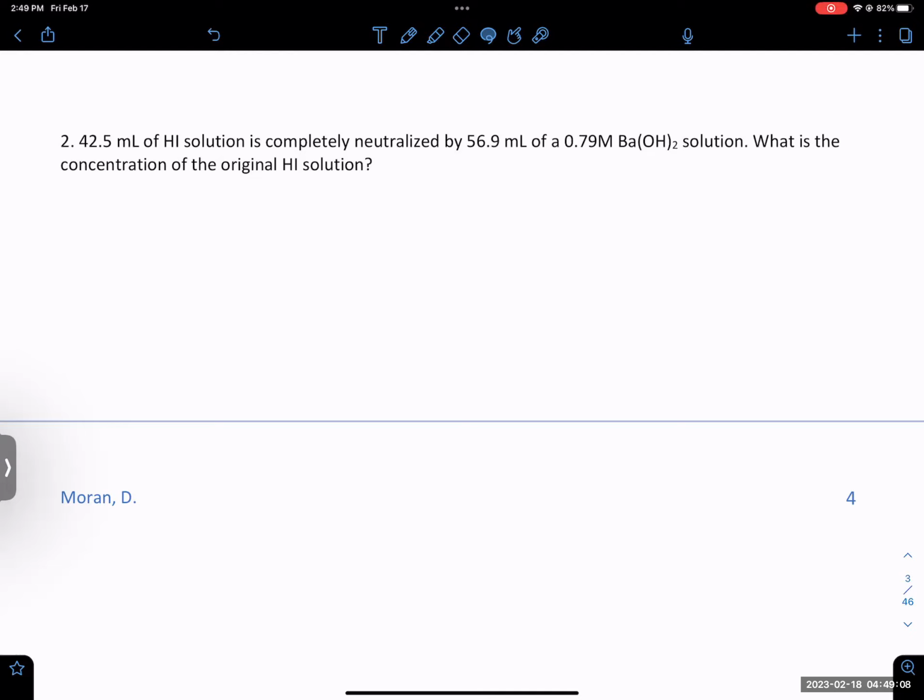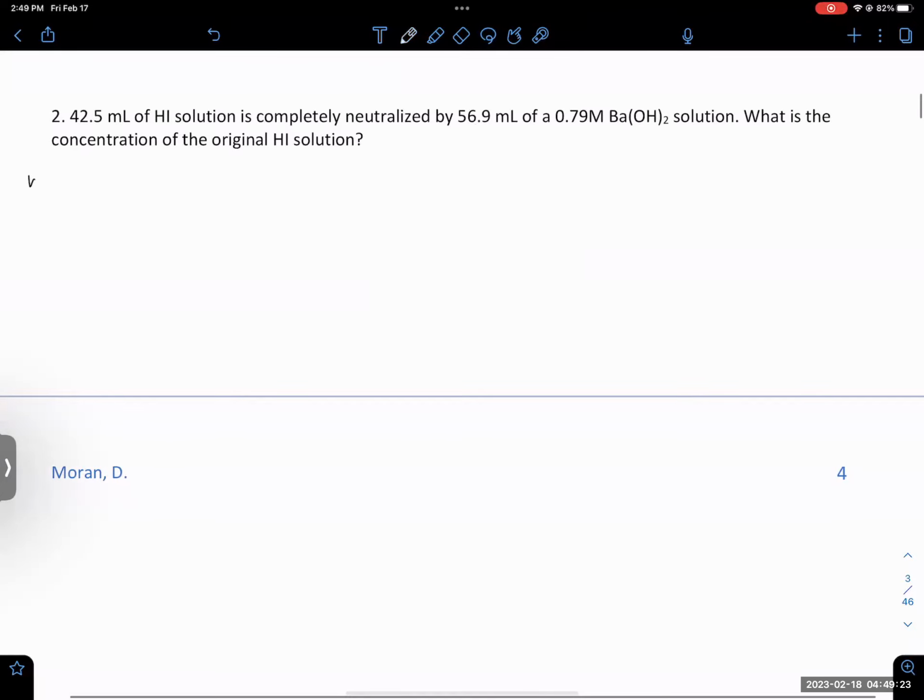Concentration of HI. And concentration is measured in what? Molar. Yeah, molarity. So we want the concentration of HI, right? So I'm just gonna abbreviate that, molarity sub HI equals the moles.